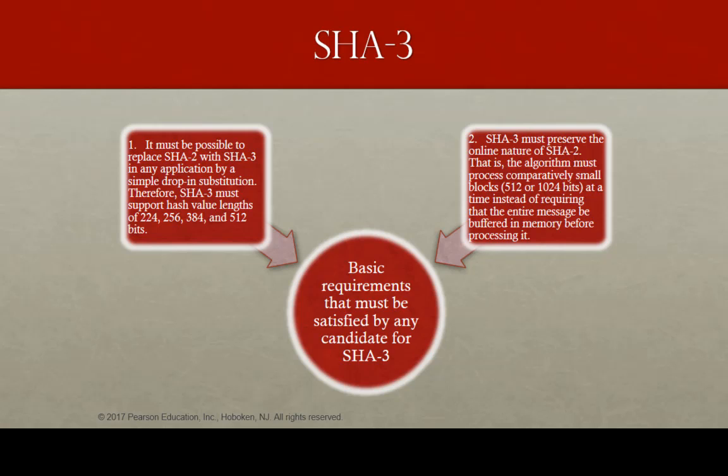That is, the algorithm must process comparatively small blocks, 512 or maybe 1024 bits, at a time instead of requiring that the entire message be buffered in memory before processing it. In 2012, NIST selected a winning submission and formally published SHA-3. A detailed presentation of SHA-3 is provided in Chapter 15.